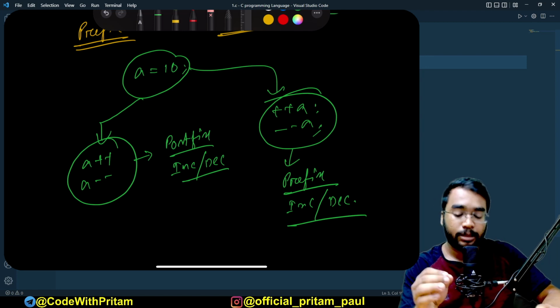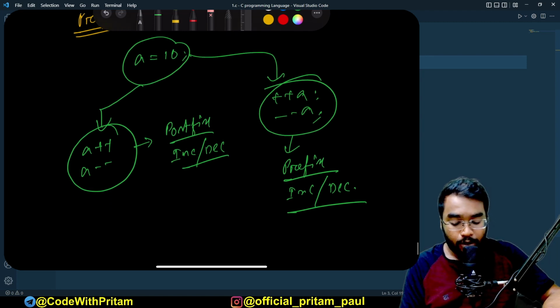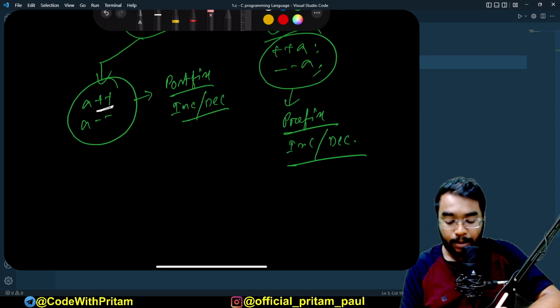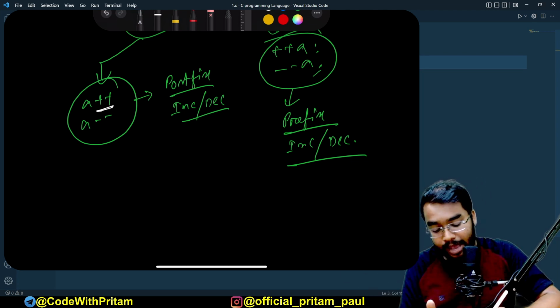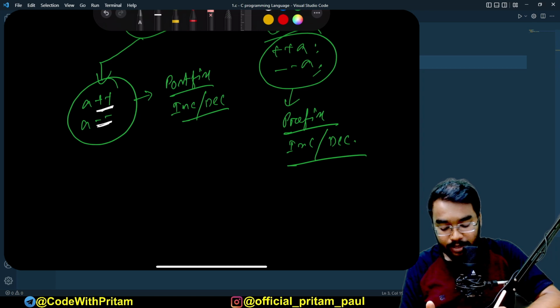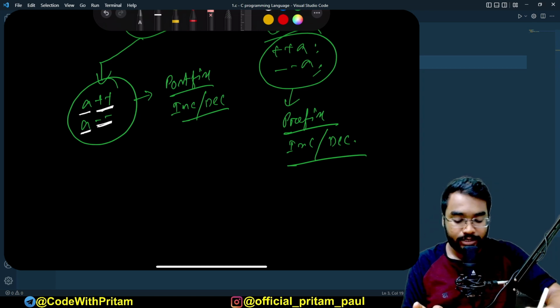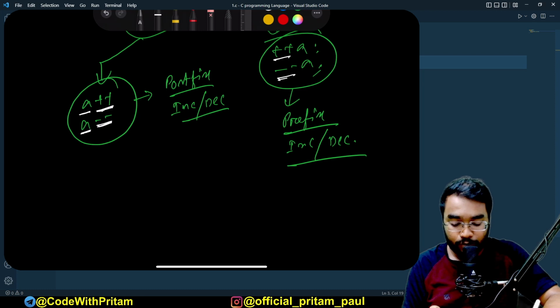Why is it called postfix and prefix? Post means baad mein, after. As the plus plus or minus minus is written after the variable, it is called postfix, and here it is written before the variable, that's why it is called prefix.